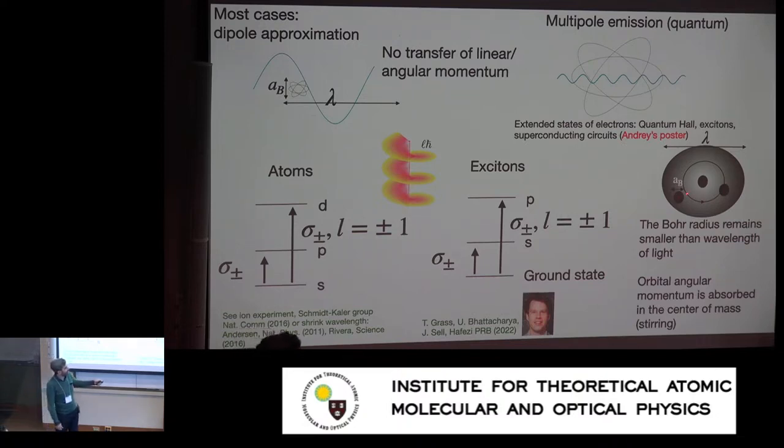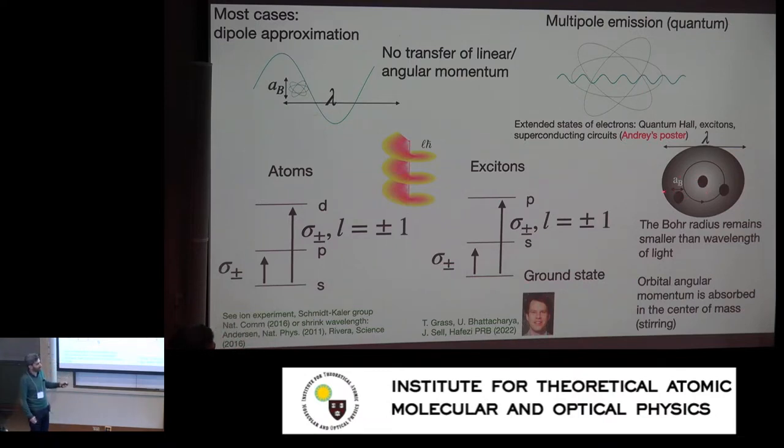So some of these excitons are created here, some of them are created here, and depending on where they are, they can appreciate this phase gradient more or less. So the one over here maybe appreciates a phase gradient much more than the one over there. So most of the response in the end would be just dipole response, and then maybe a few of them in the middle would see this kind of P-wave excitation.